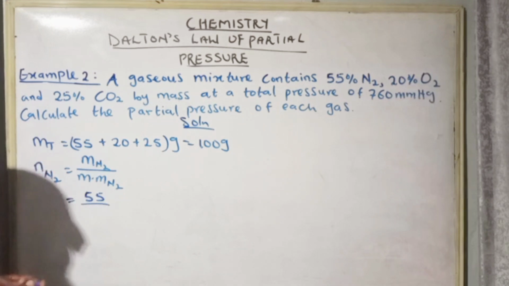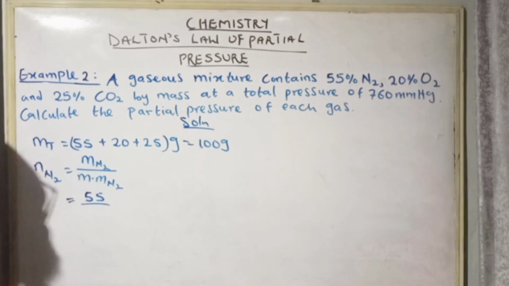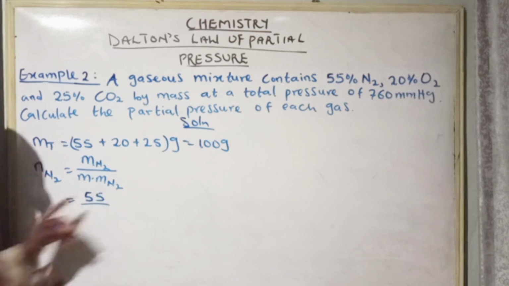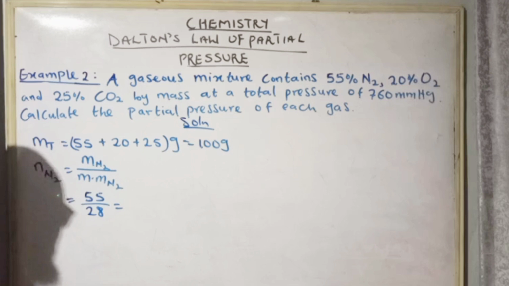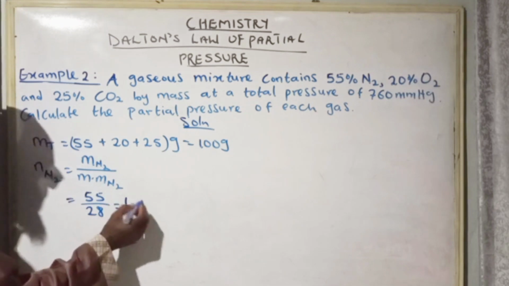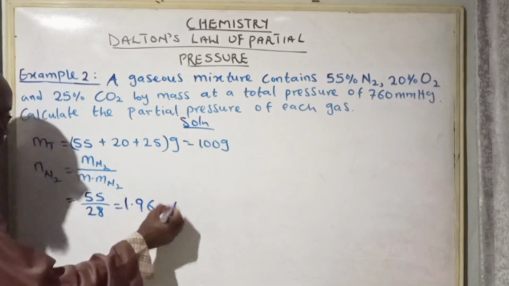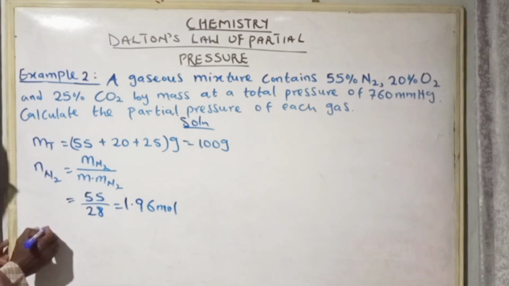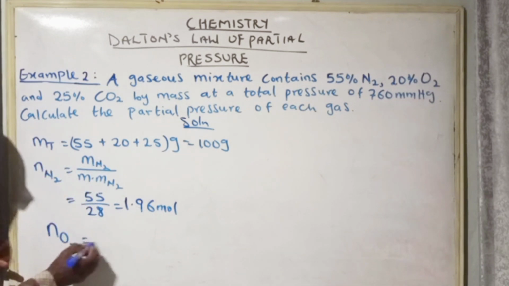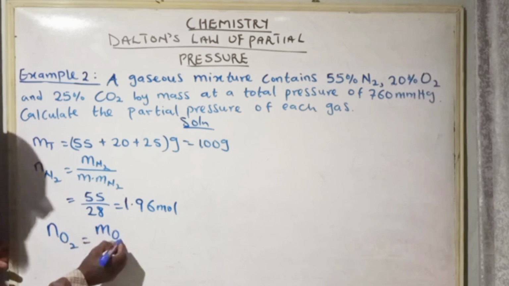Don't forget, the atomic mass of nitrogen is 14. 14 multiplied by 2, we have 28. So when we divide, what do we have? We have 1.96 mole.